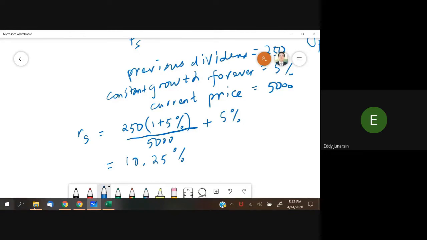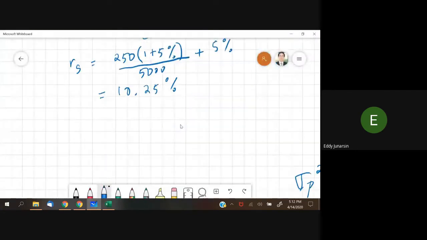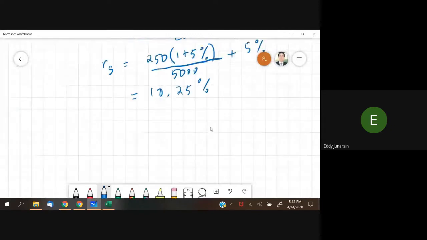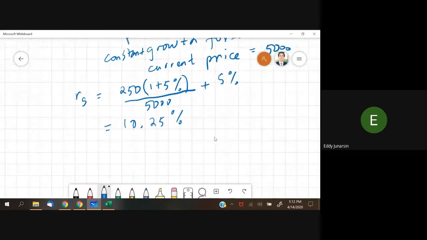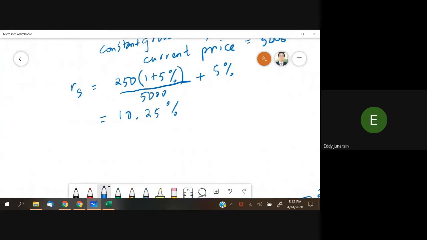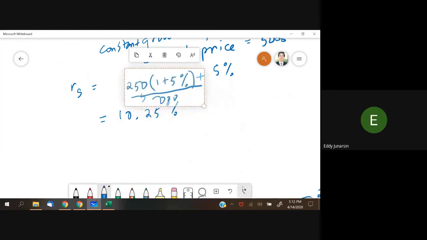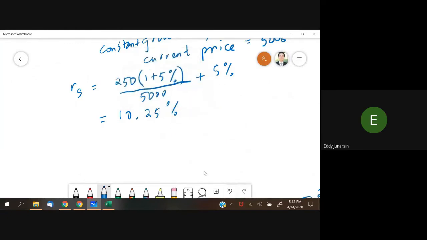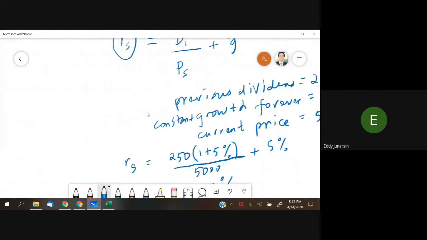Okay, so this is the first approach for the cost of existing equity.